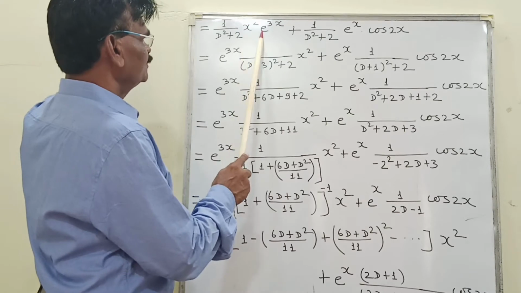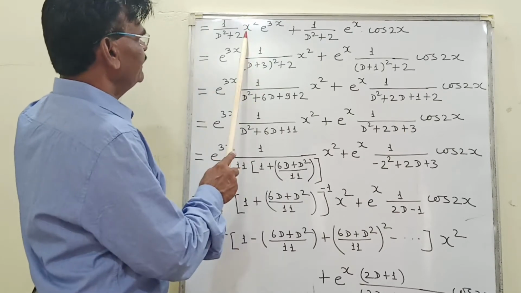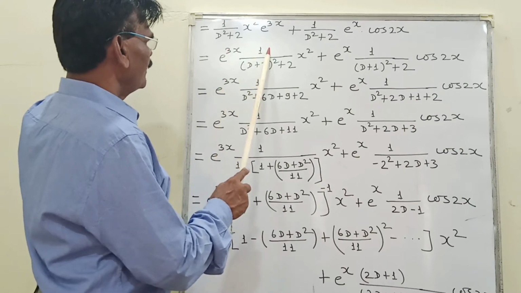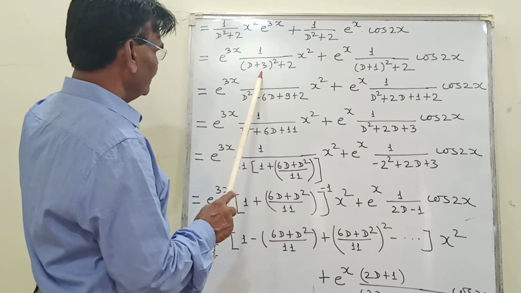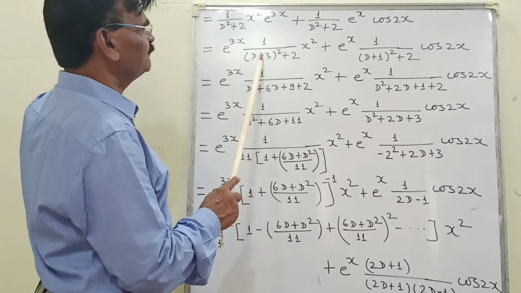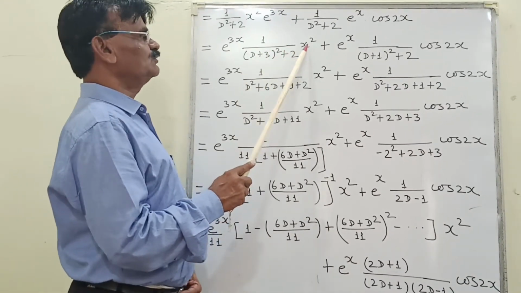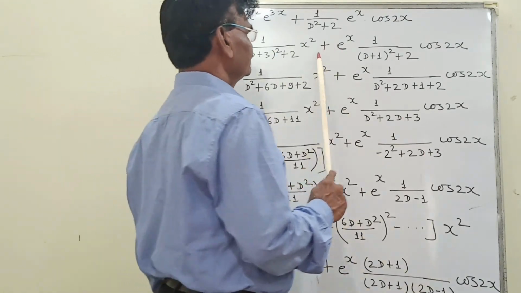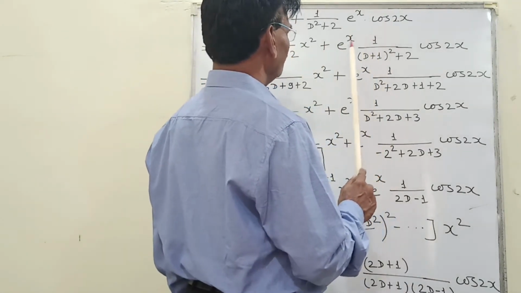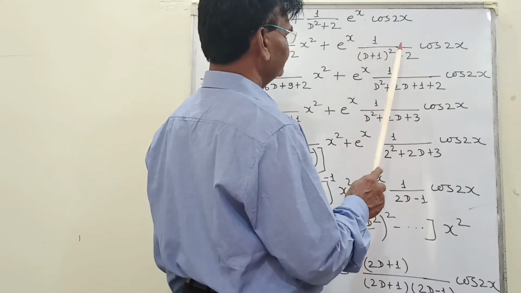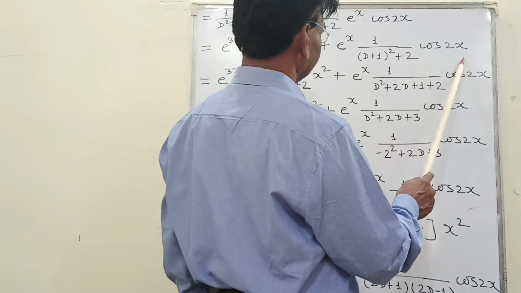into e to the power ax times v. So e to the power ax 1 upon f of D plus a, here the value of a is 3, that's why (D plus 3) square plus 2 into v, meaning here x square, plus here also we use the same formula: e to the power x 1 upon (D plus 1) square plus 2 cos 2x.